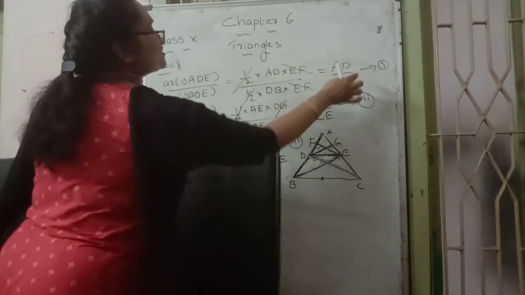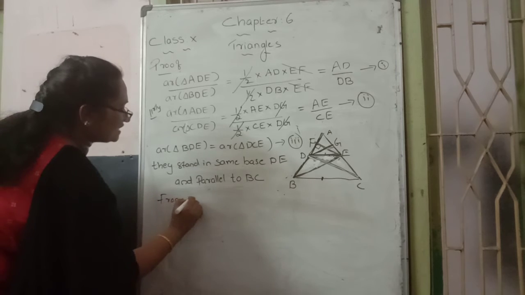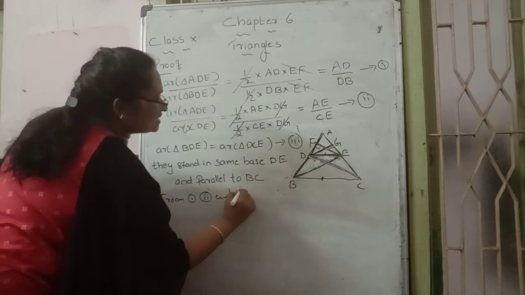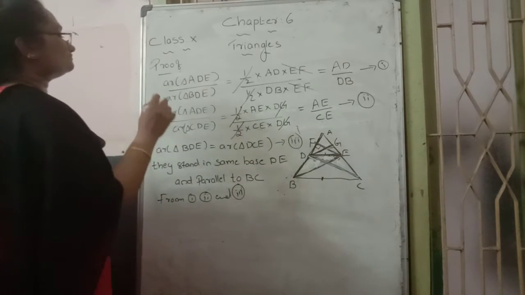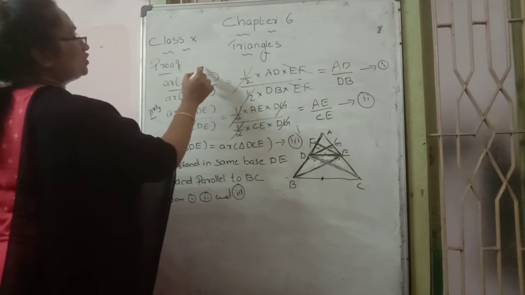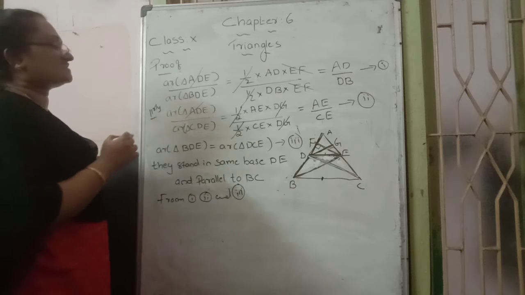Then we compare the first, second and third equations. In the comparison, on the left side the numerator ADE is the same in the second equation's numerator, so we can cancel that.